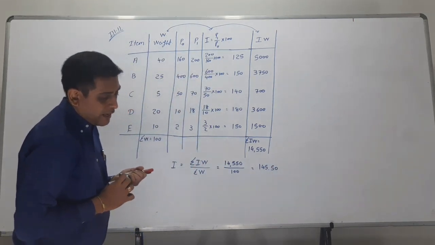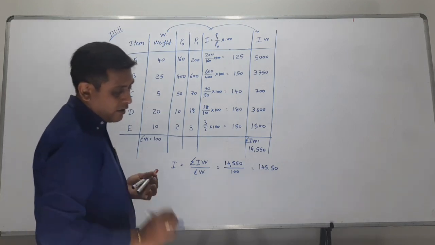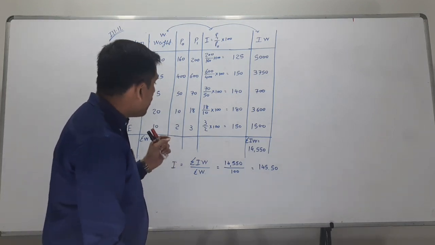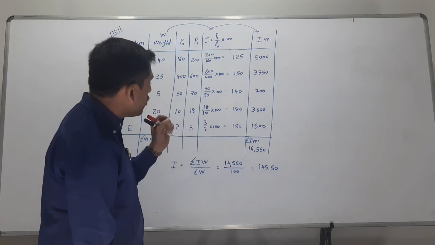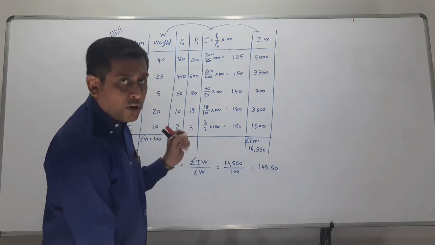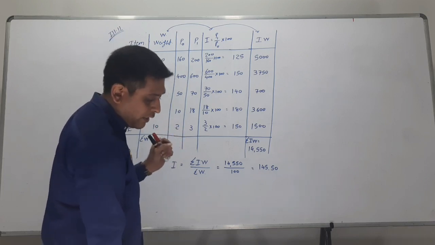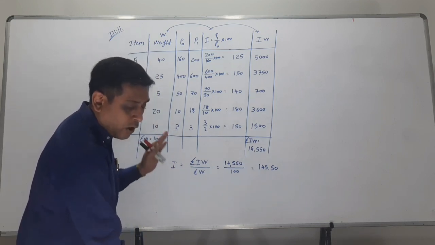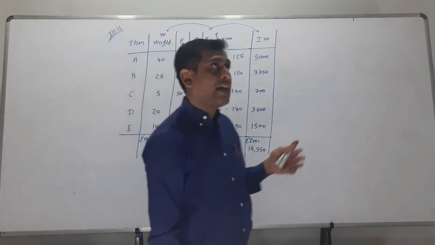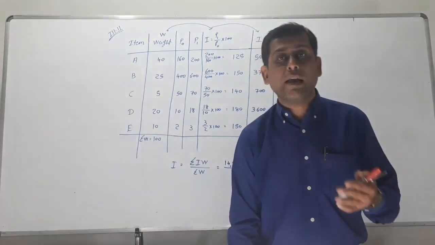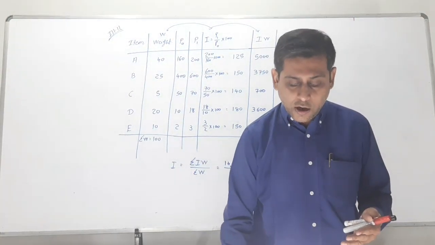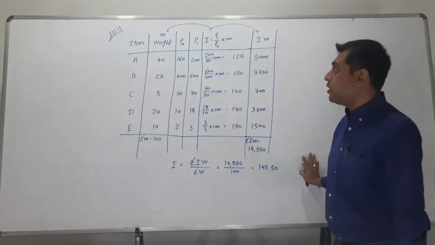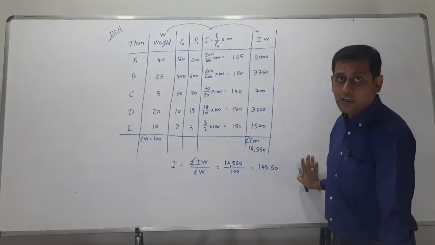Thus we can say that there is an increase, 145.50 minus 100, that is 45.50% in price in the year 2016 as compared to 2011 price. So here your weighted average method illustration number 11 is over.